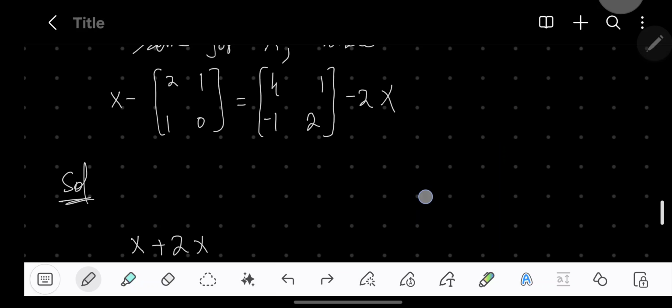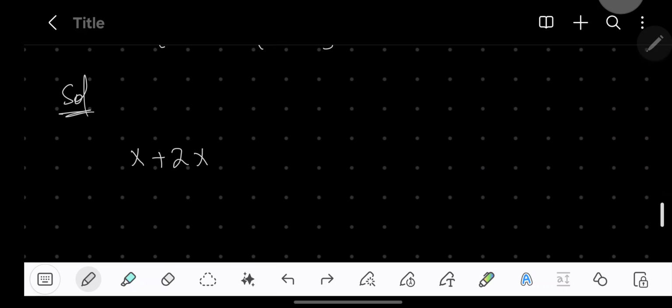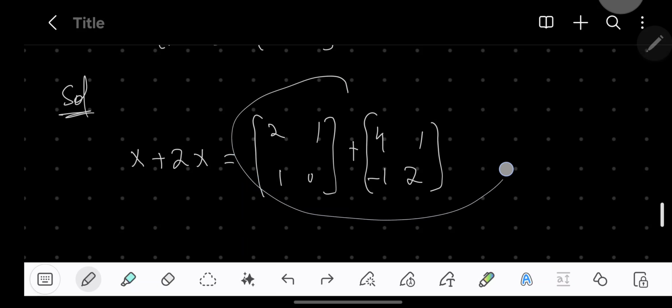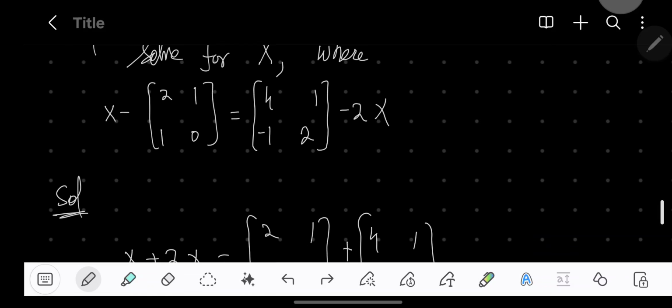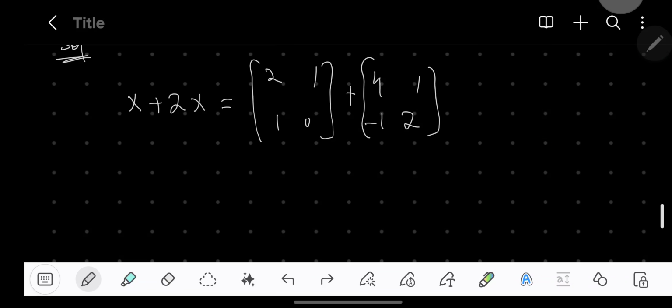So you will have x plus 2x. This is x and this 2x, okay? So x plus 2x is equal to this matrix plus this matrix. You can see I have added both matrices. Because this matrix is negative, and if you move it to the right side, it will become positive. So that's why I have written plus.